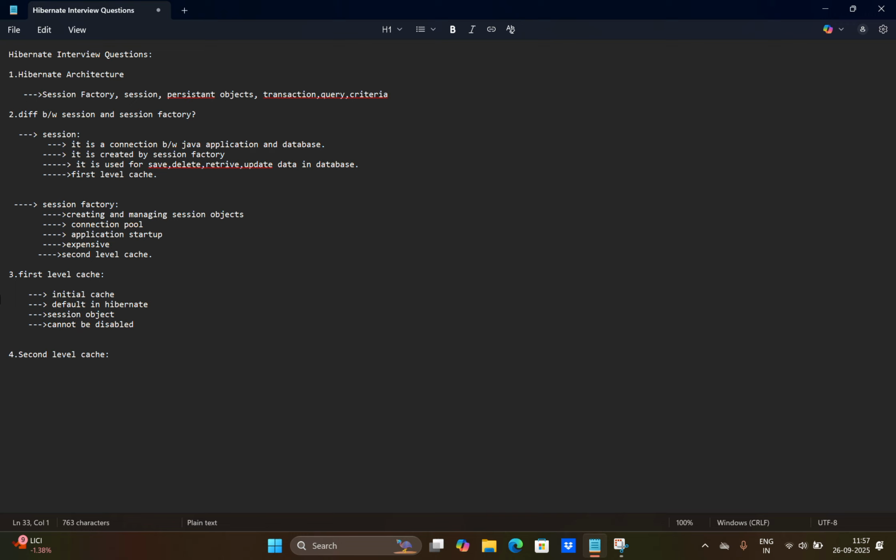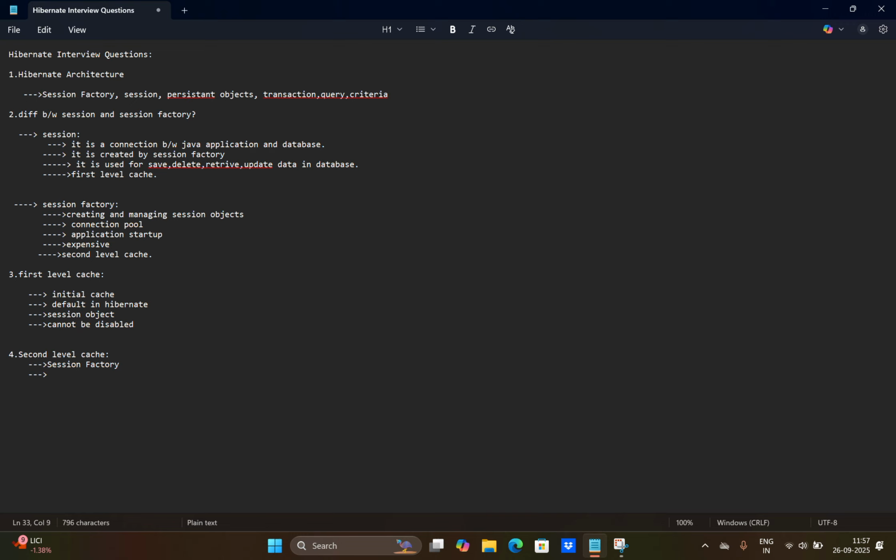Because in the first level cache the data is stored in the session, but in the second level cache it is stored in the session factory. The cached data can be shared across multiple sessions within the same application. This helps in improving performance and reducing the number of database queries.